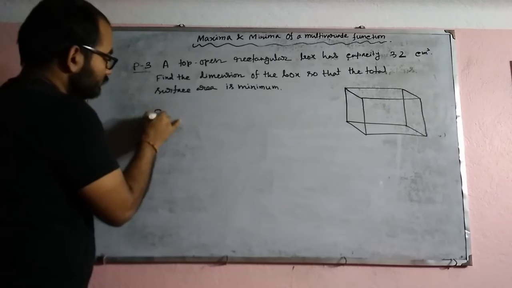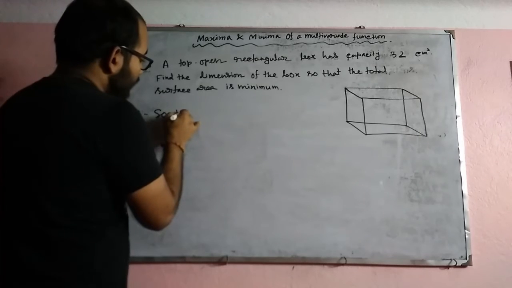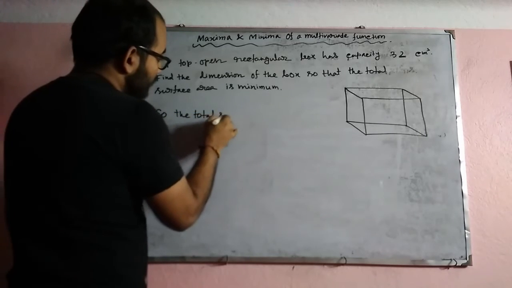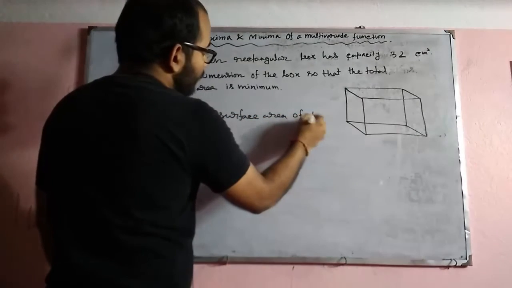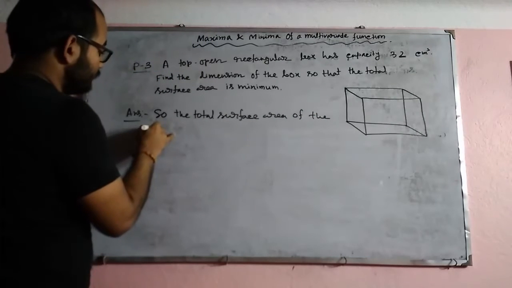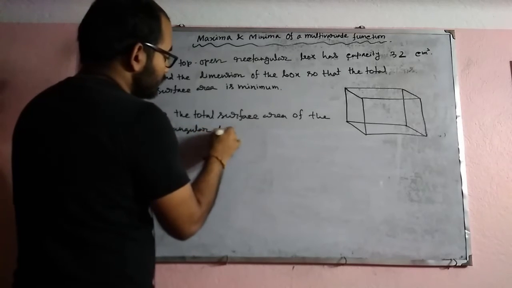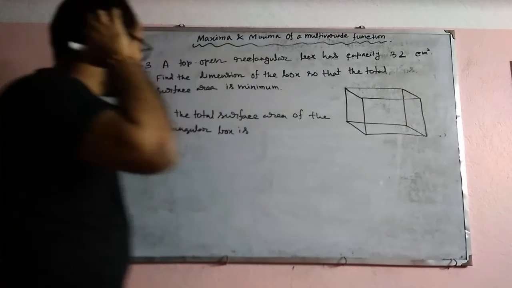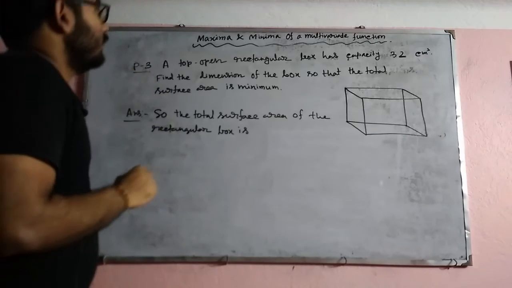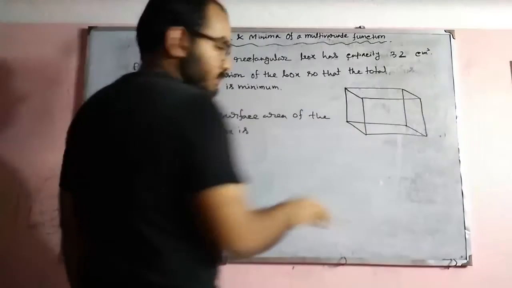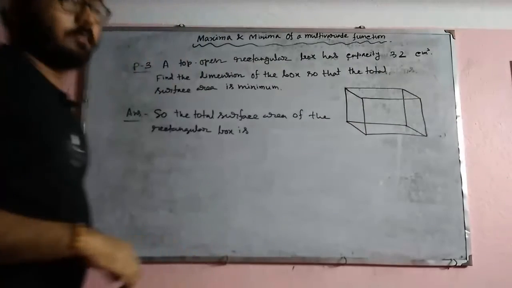So answer, the total surface area of the rectangular box is, see, this box is top open, okay?